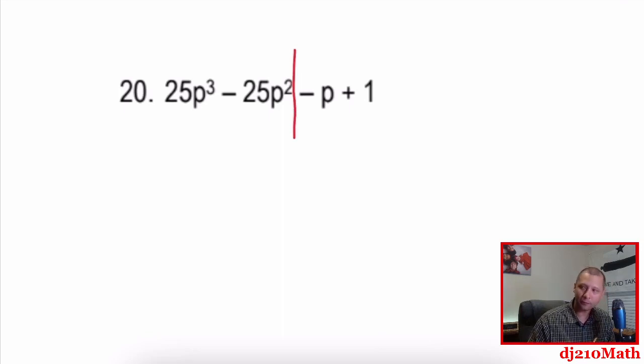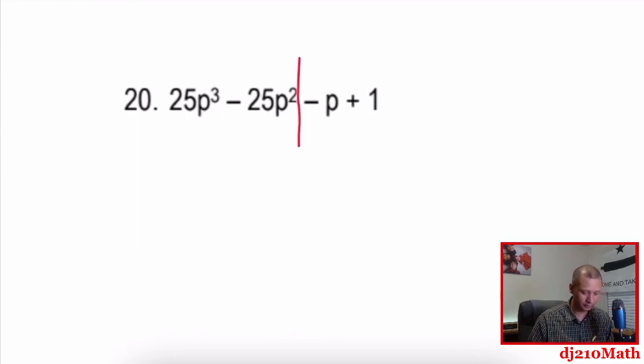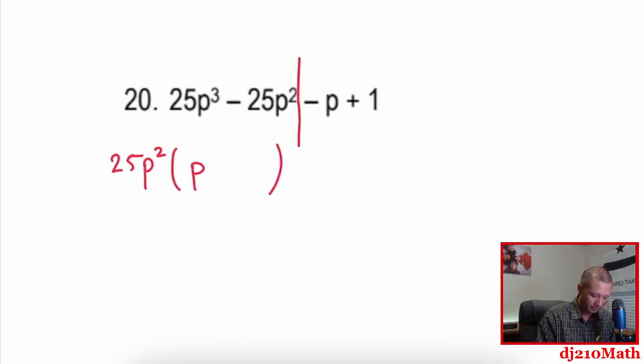It's called factor by grouping, so you may want to check a video, one of the earlier ones, on factoring by grouping. We group the first two terms together and the second two terms together. The GCF of the first two is 25p squared. So what's left behind? p minus 1.